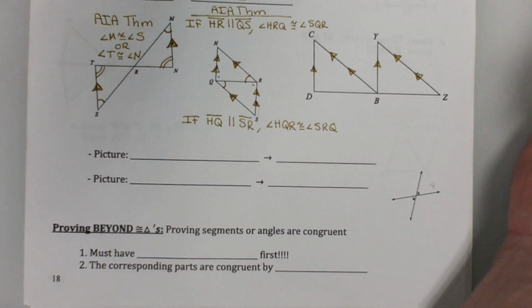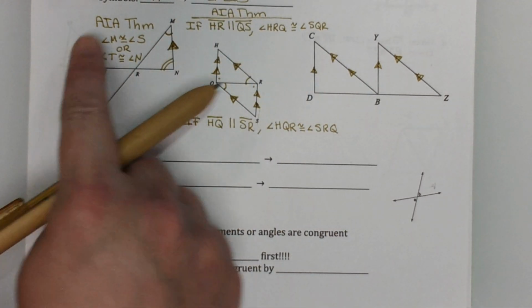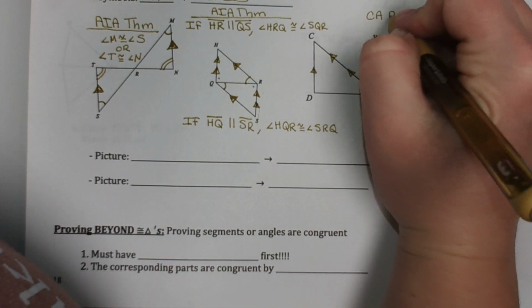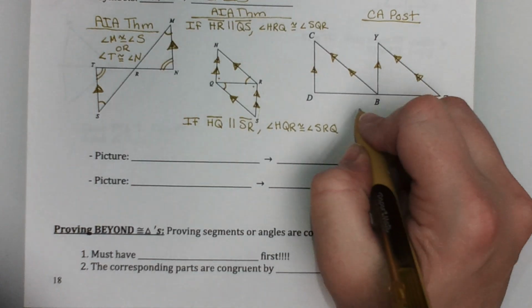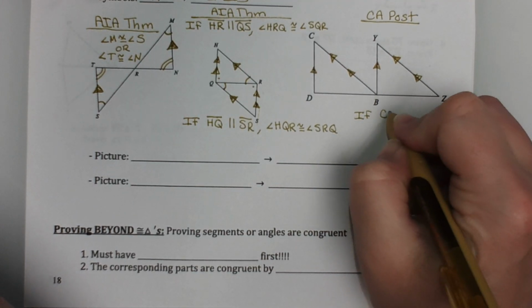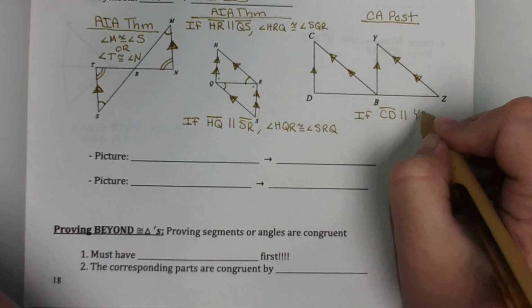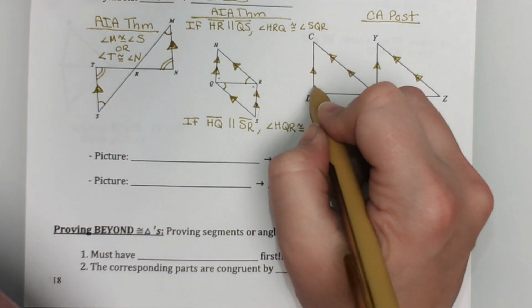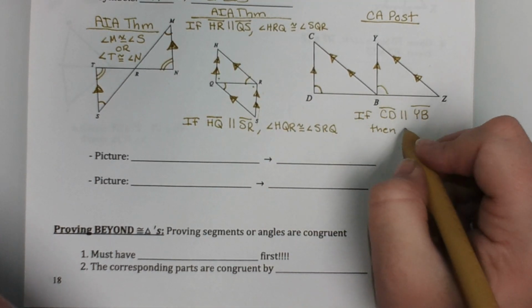This one, on the other hand, is not alternate interior angles. These are both an alternate interior angle situation. This one's the corresponding angles postulate. If they give you that CD is parallel to YB, then it's this angle and this angle.